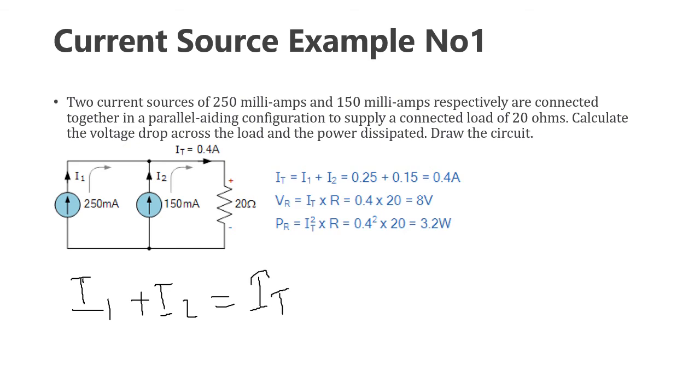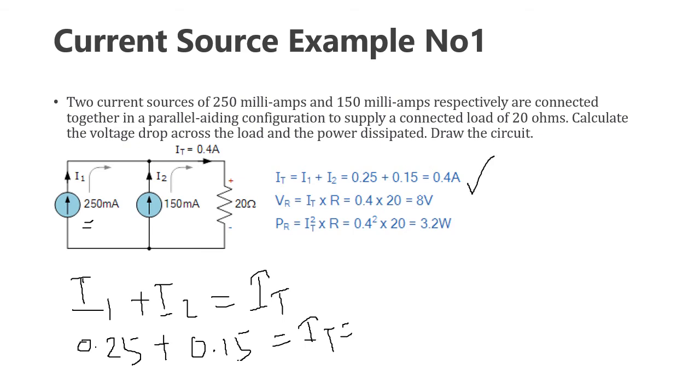I1 is 250 milliampere, which we have to convert to ampere, so 250 milliampere equals 0.25 ampere. So 0.25 ampere plus 150 milliampere, converted into ampere, 0.15 ampere, equals IT. So IT will be equal to 0.4 amperes.